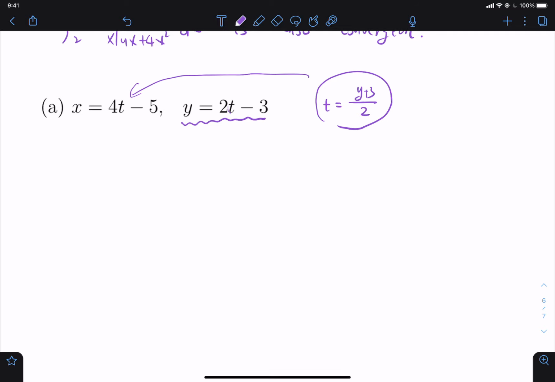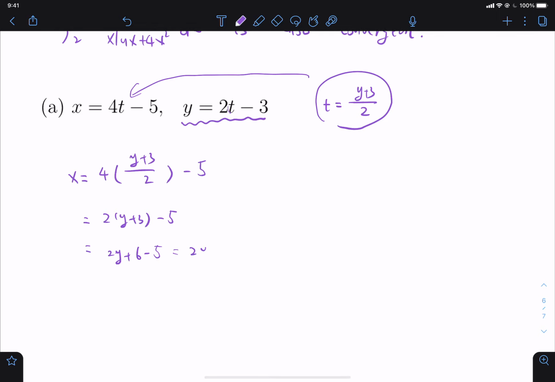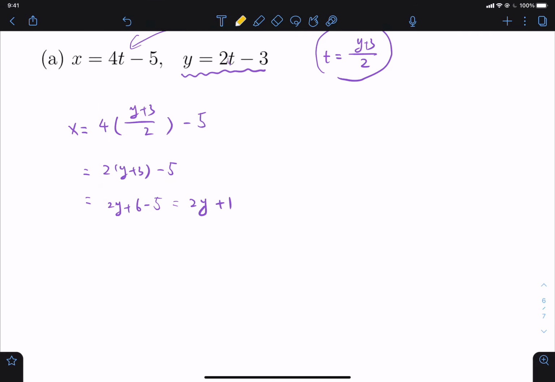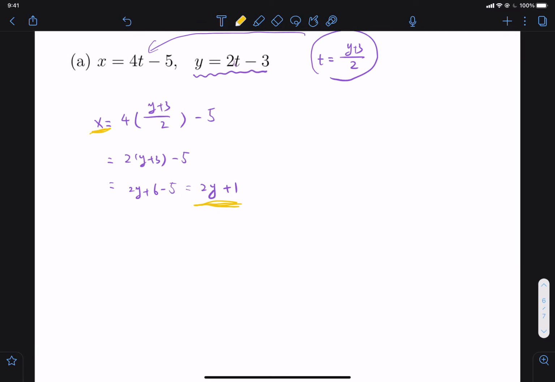So x is going to be 4 times y plus 3 divided by 2 minus 5, which is 2y plus 3 minus 5, that is 2y plus 6 minus 5, which is 2y plus 1. So x is equal to 2y plus 1, a straight line.